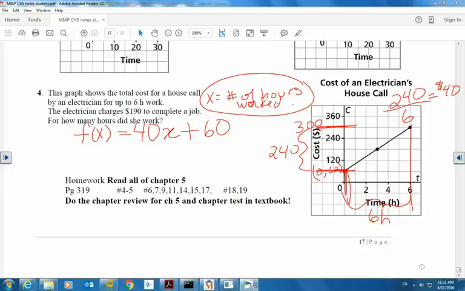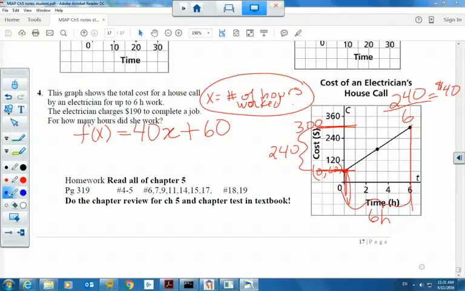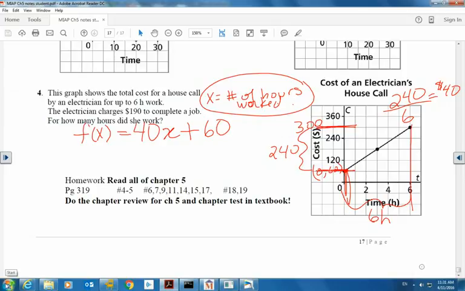Now, if she charges $190 to complete a job, how many hours did she work for? Well, let's look at the graph and see if we can figure out what it would be graphically. So where do you think this is going to occur? If she makes $190, where are we on this?